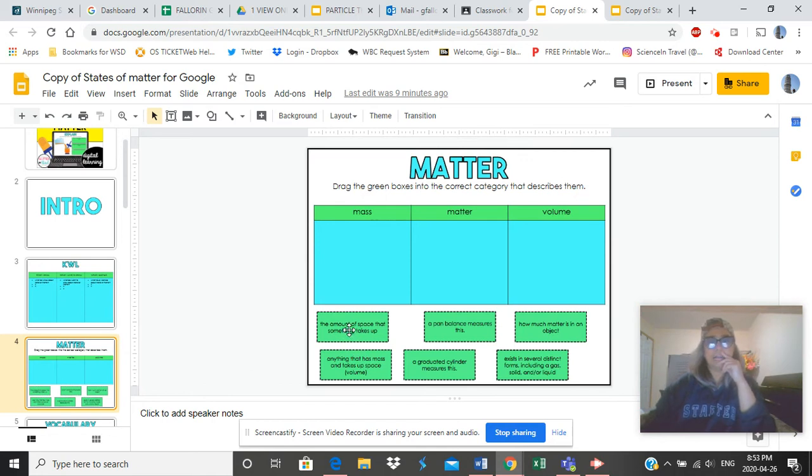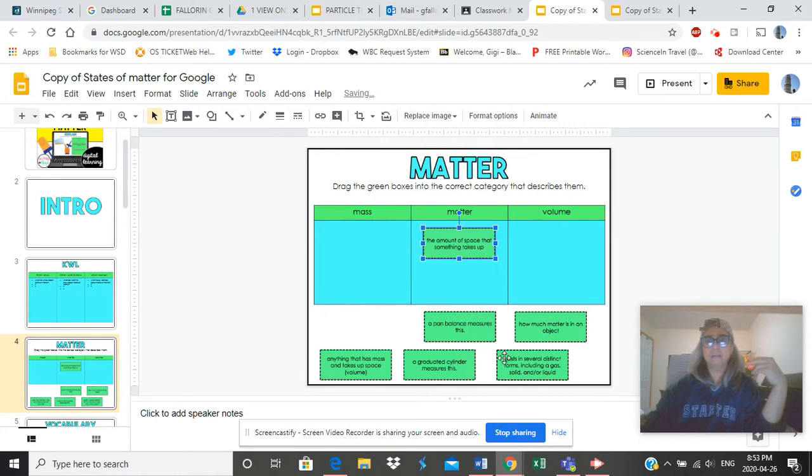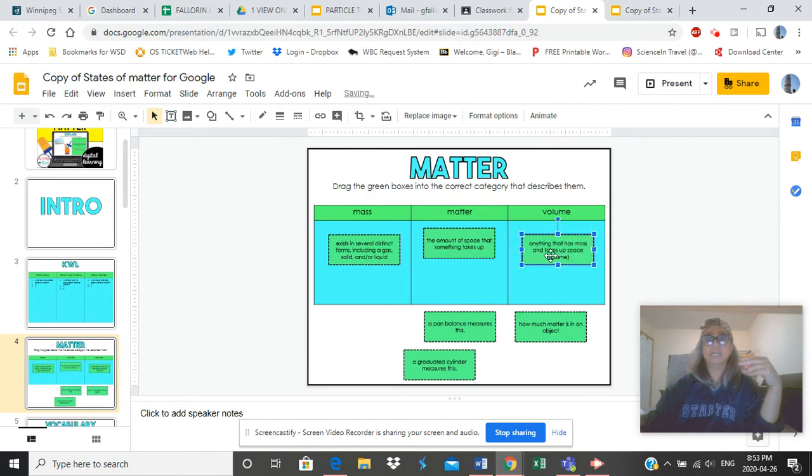If you think this is the correct answer, maybe that's the idea of matter, so put it there. Or this one, I think that's for mass, then put it there. You decide. So give it a thought. Do not just guess. Make sure that if you drag in the boxes, then that means that those are your correct answers.